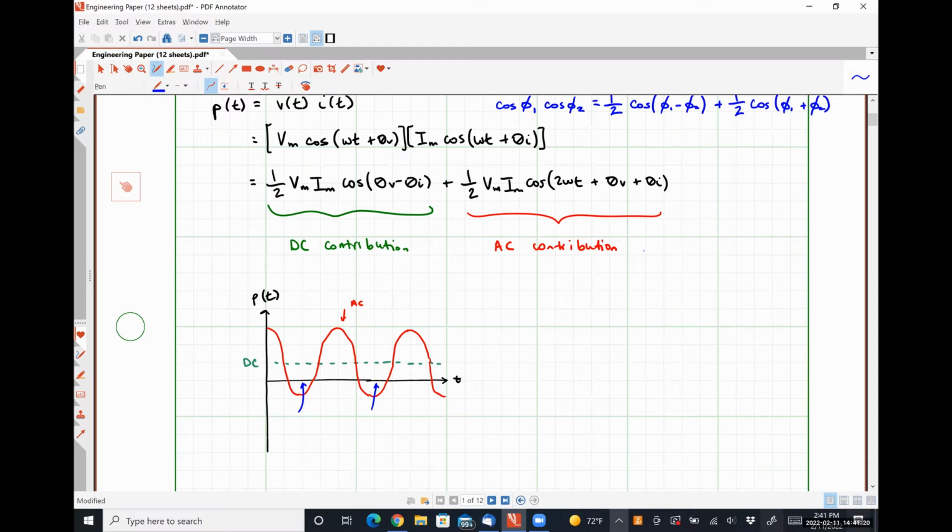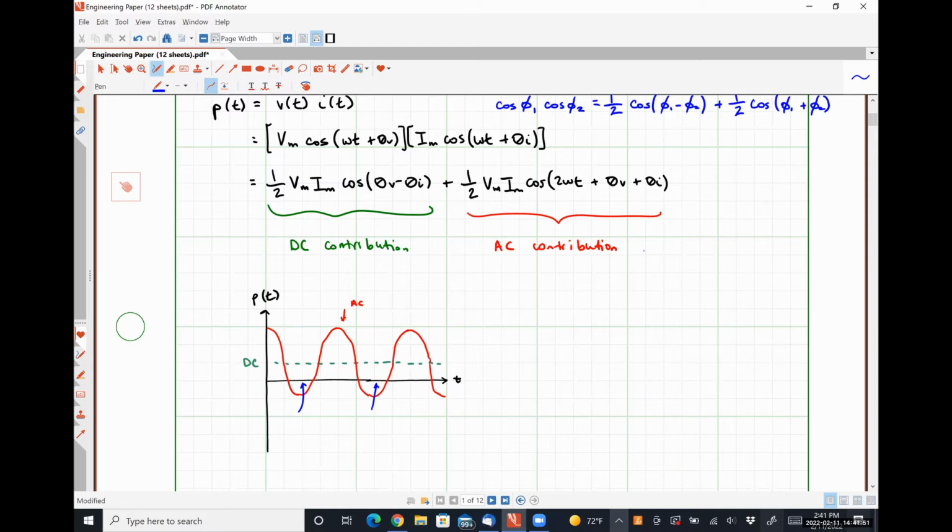Now, what can we say about the relationship between the AC contribution and the DC contribution here? To me, it looks like half the time the AC signal is above the DC value, and half the time the AC value is below the DC value.